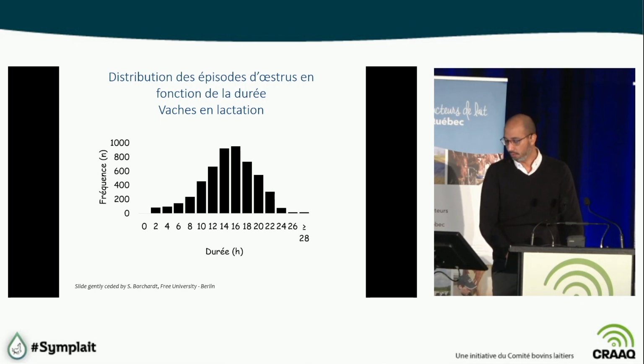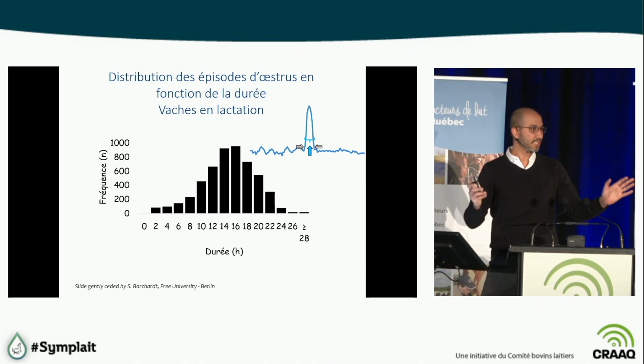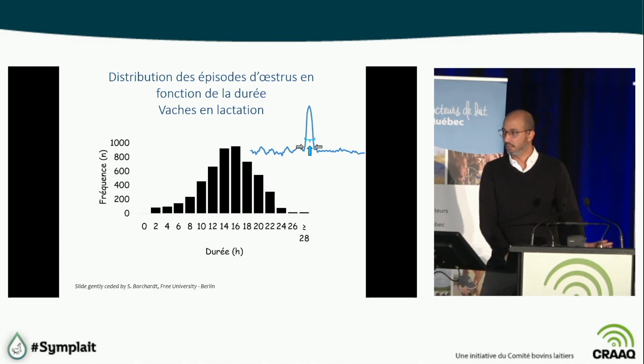You have a distribution of most of the estrus, going anywhere between 14, 16 hours as calculated. And we said, can we calculate that as well? So instead of just using alerts from whatever commercial product they gave us, we started to calculate from raw data and started going a little bit bananas on what these numbers could mean.